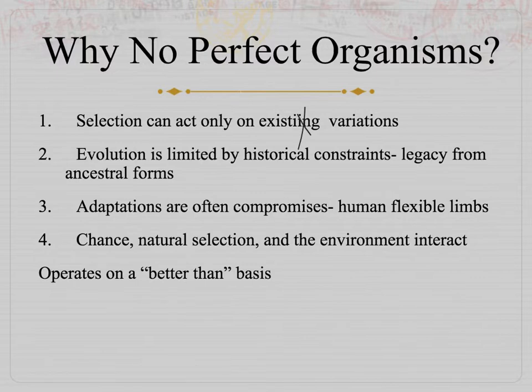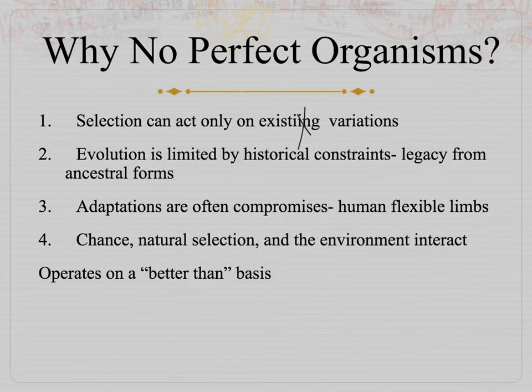Also, evolution is limited by its legacy from the ancestral form, so it has to come from somewhere, and then we make changes or build upon those legacy, those historical ancestral forms. And then a lot of adaptations, we have to remember, are often compromises.